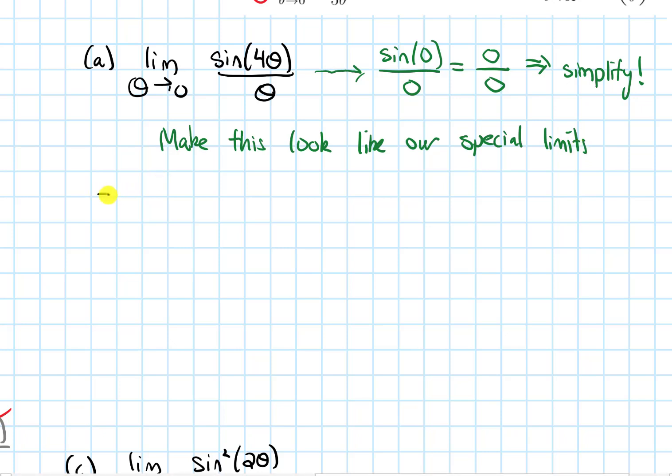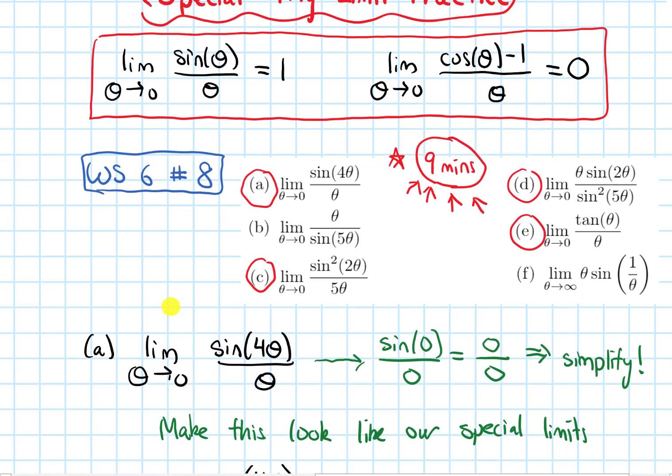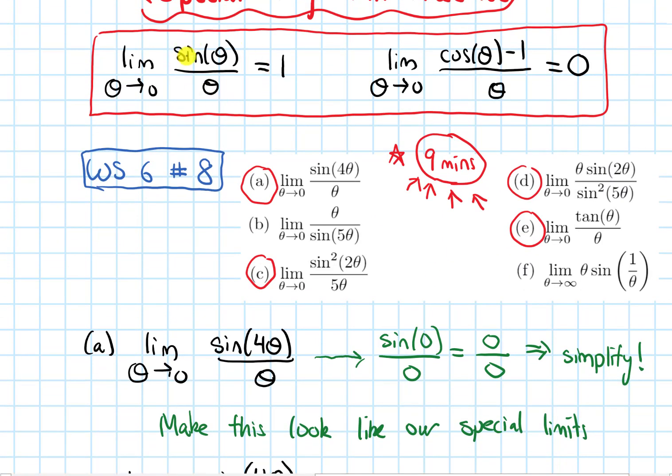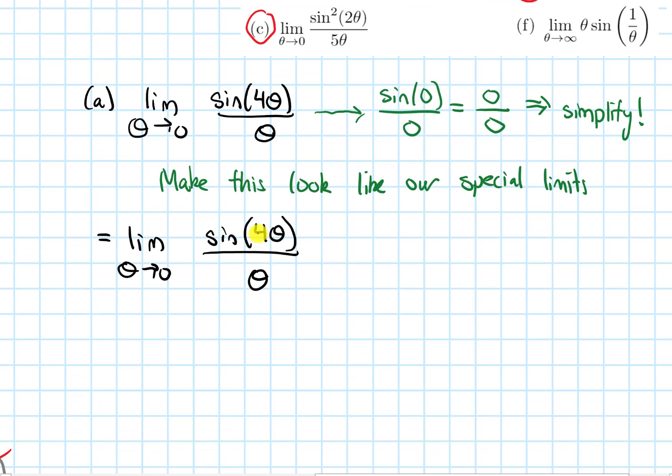Okay, so we will have the limit as theta goes to 0. And I have the sine of 4 theta on top, and I have this theta on the bottom. So to be able to use, because this looks like my first special trig limit, I need the same angle in the sine that I have on the bottom. Okay, so I have this 4 theta on the top. It'd be really nice if I had 4 theta on the bottom.